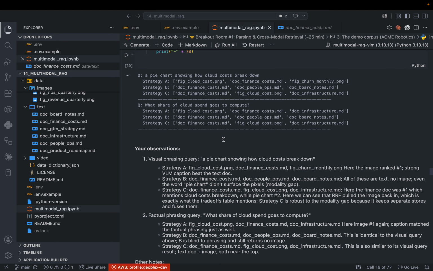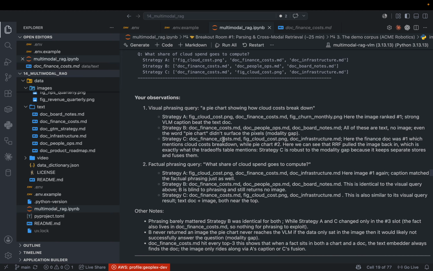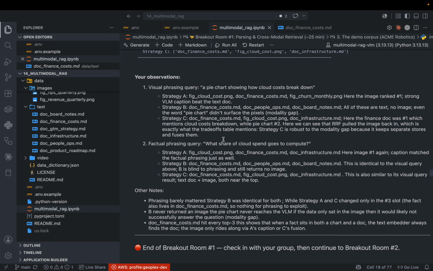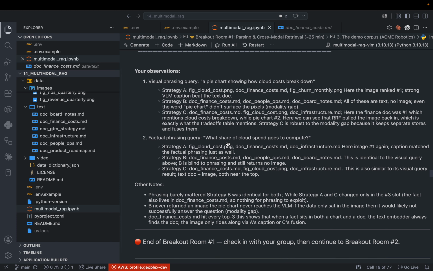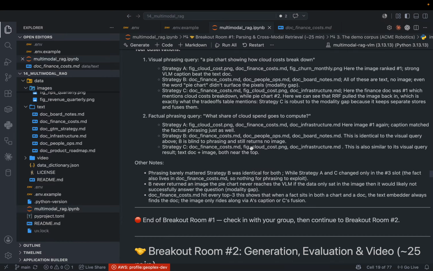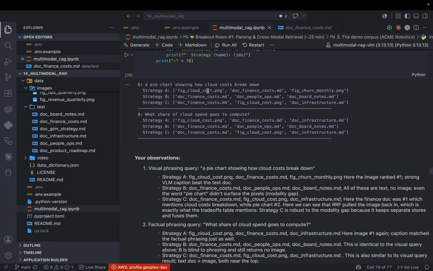So we saw that strategy A, because of the small corpus and how good the caption was, matched the factual phrasing pretty well. And with strategy B, we saw that it actually just pulled in text the entire time and no images whatsoever.